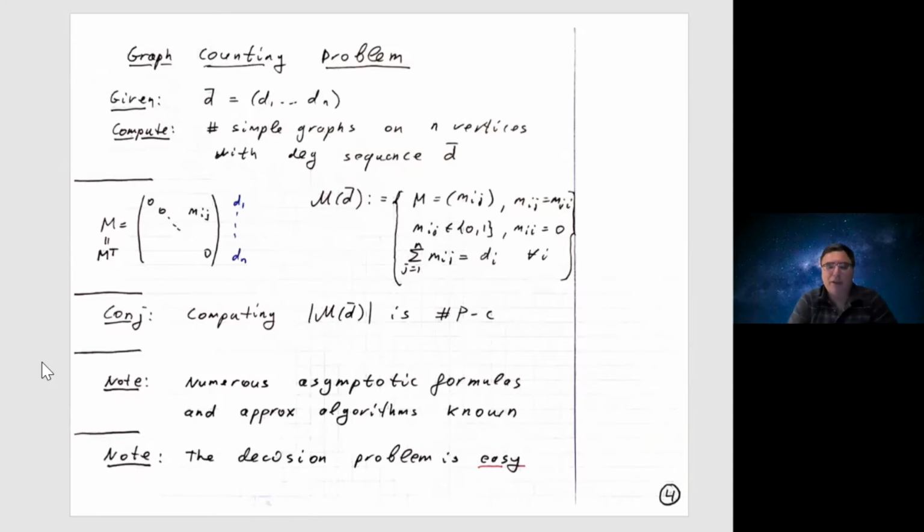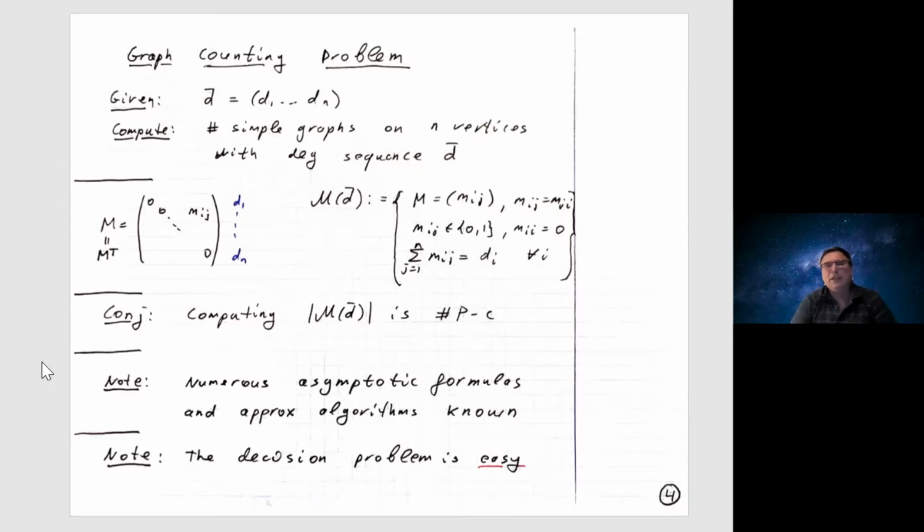Let me say, this is such a well-known problem. There are just numerous asymptotic formulas for various ranges of degrees of the graph. There are numerous approximating algorithms for the number, using a simple to define Markov chain where you switch two parallel edges so that they cross.